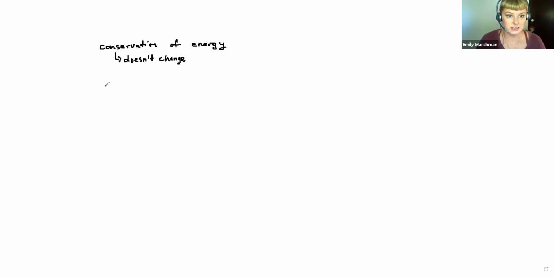So let's think about this example. Go to the park. You pull your child back on the swing. Let's suppose we place ground level right here, where the swing is at its lowest point.